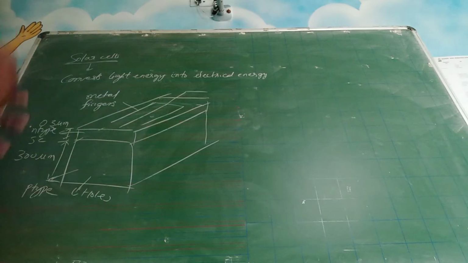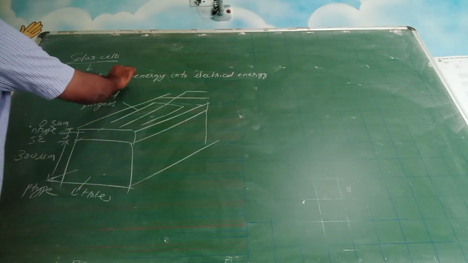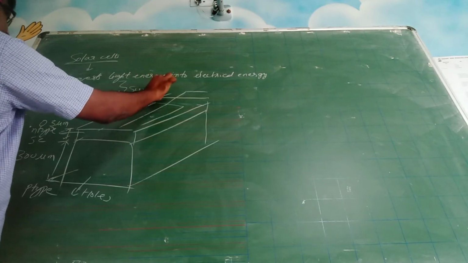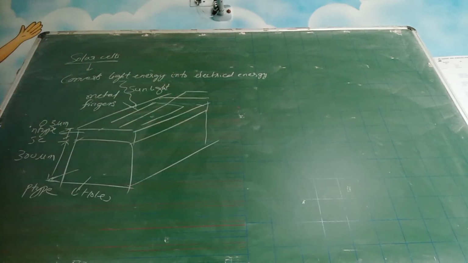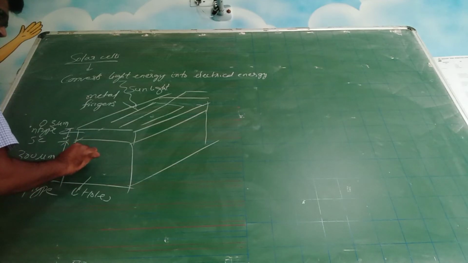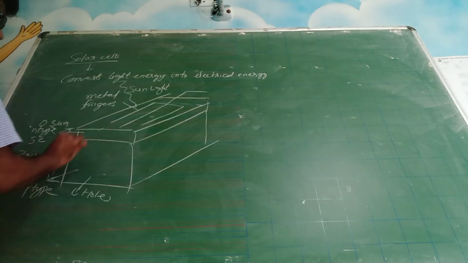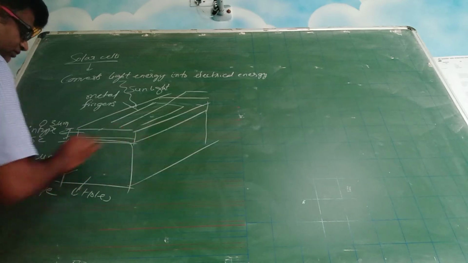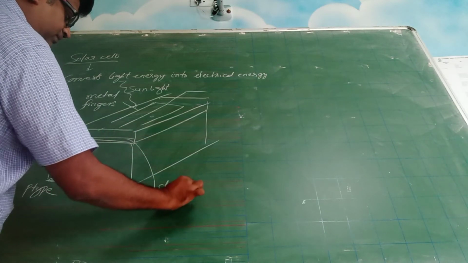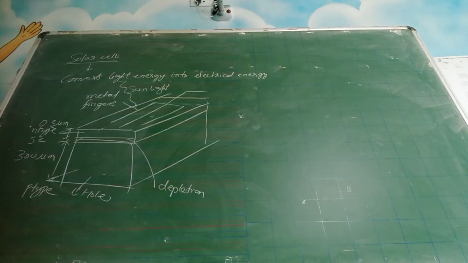Here we will use the sunlight. So this is P-type semiconductor, this is N-type semiconductor. There will be a formation of depletion layer here, right?